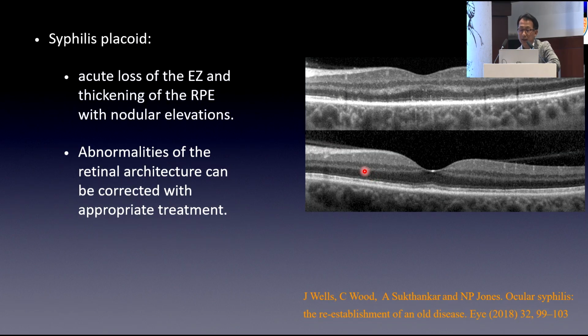Another OCT biomarker, for syphilis placoid disease, is the acute loss of EZ and thickening of the RPE, with a nodular elevation, which completely resolves after the treatment.